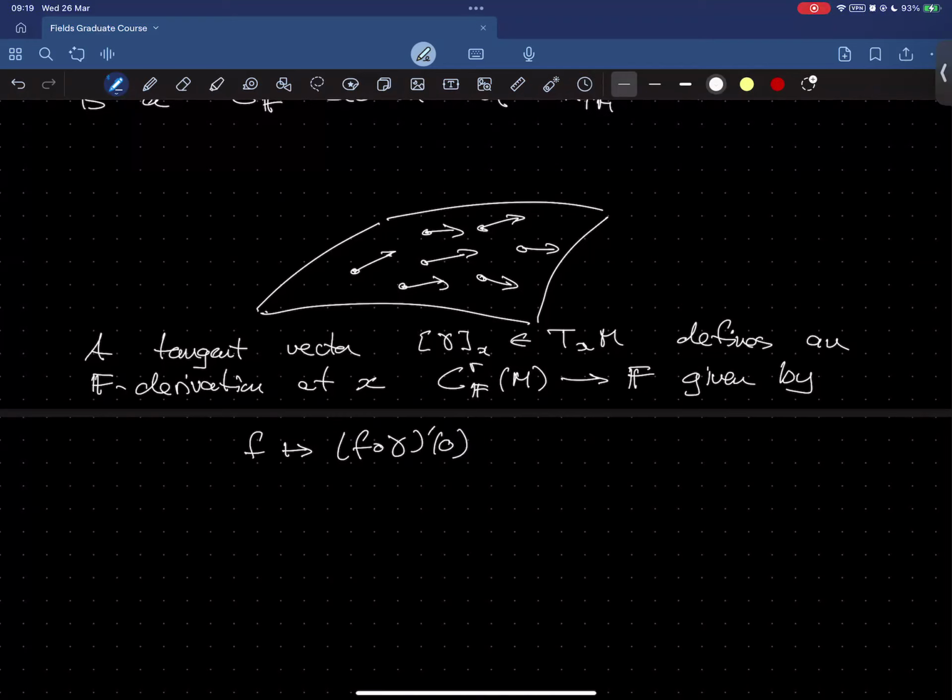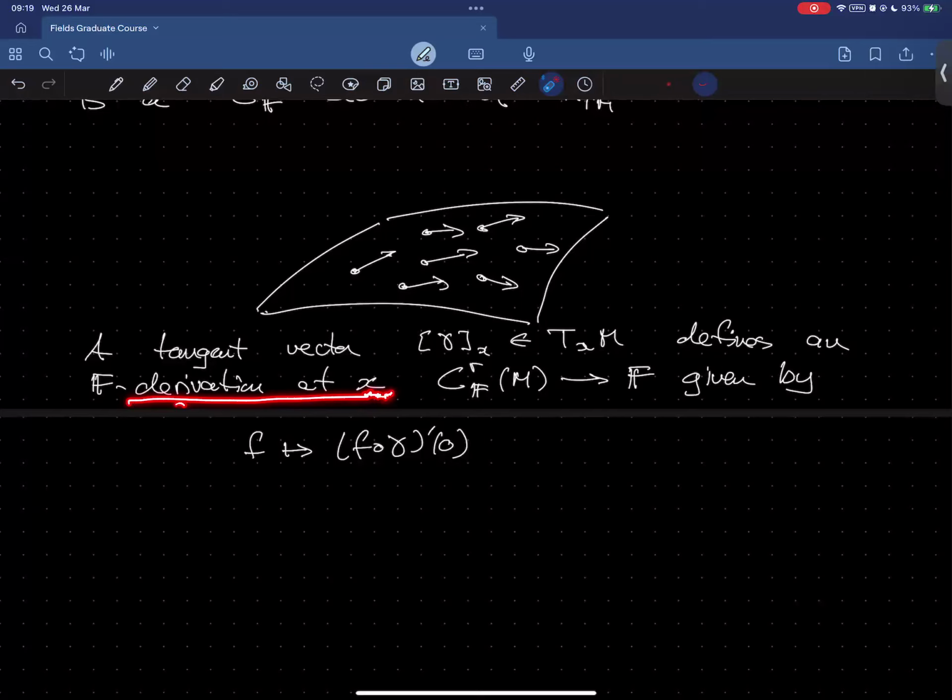We spent a bit of time talking about the fact that this is a derivation, and the relationship between tangent vectors and derivations at x. Is there a nice correspondence there? Well, not quite. It's not as nice as you would like. For finite dimensional manifolds, it's a one-to-one correspondence.